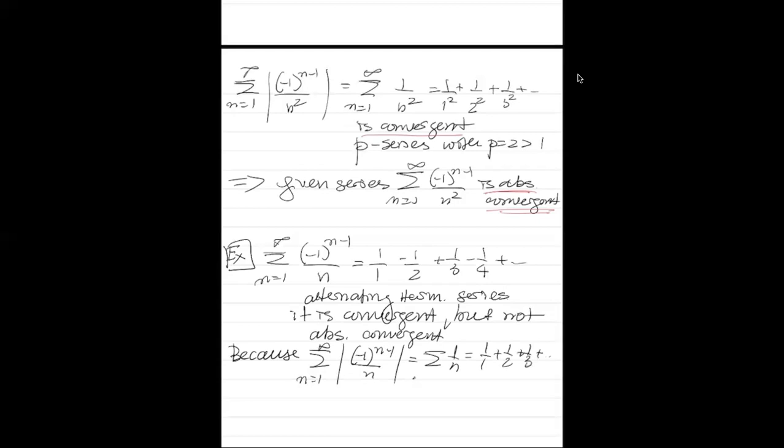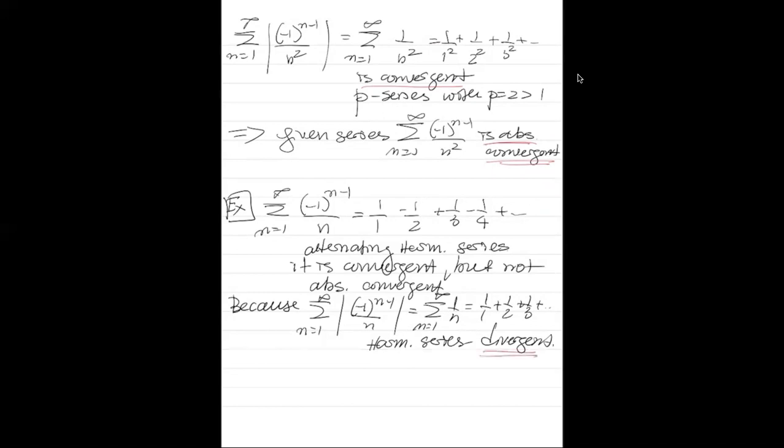Now, this is the harmonic series, and we know it's divergent. So the series with the absolute value was divergent.